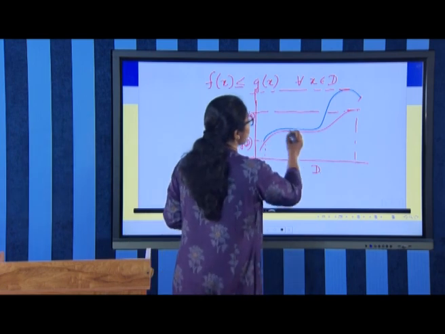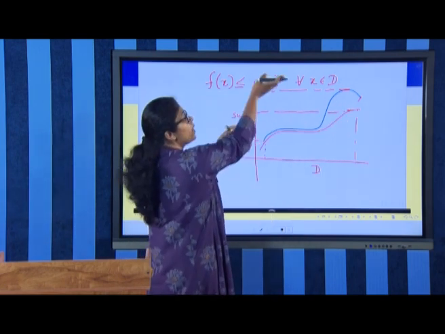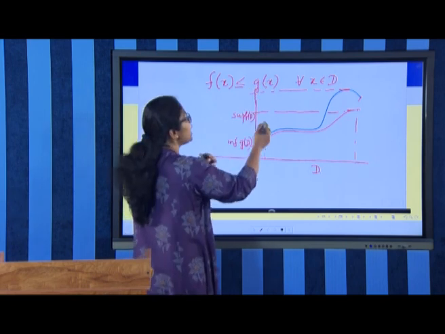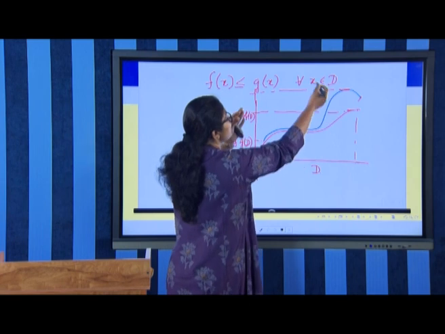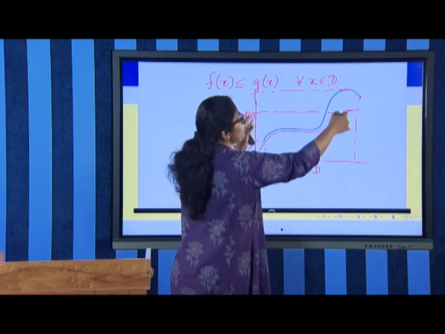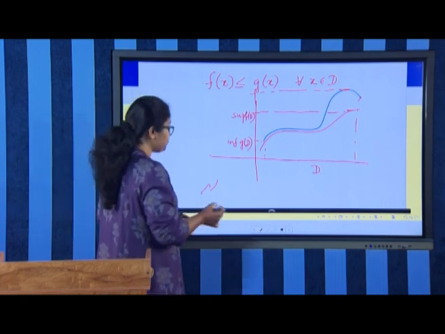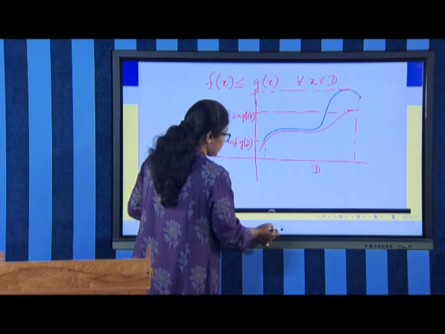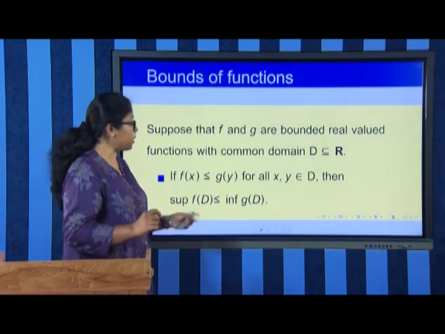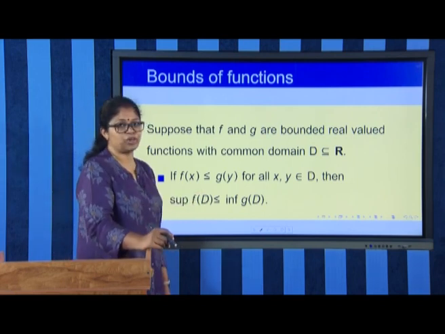Our f of x can be like this, but g of x should be completely above f of x. That means the entire g function should be above the supremum, the maximum value of f as well. Then we have that result: supremum of f of D is less than or equal to infimum of g of D.